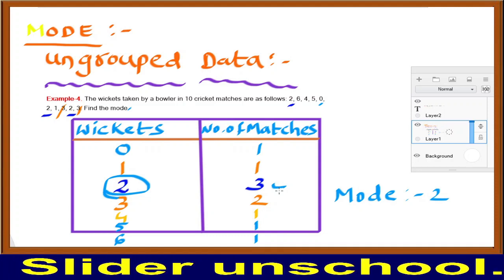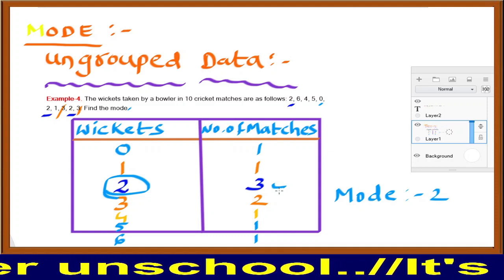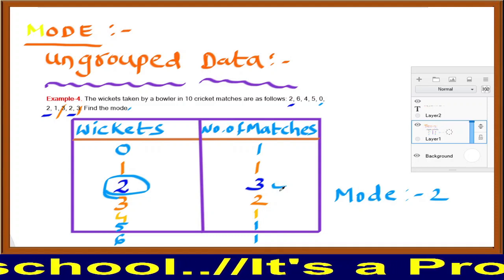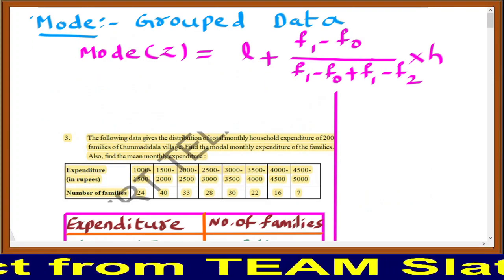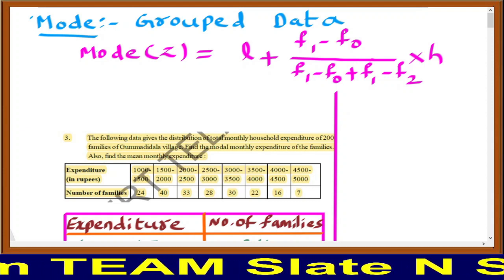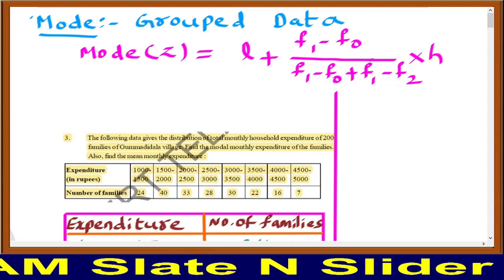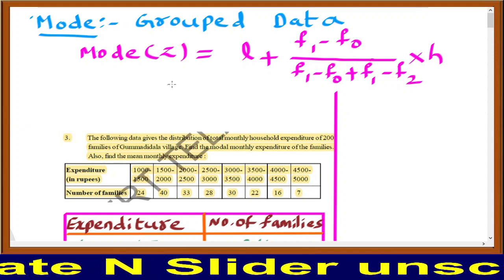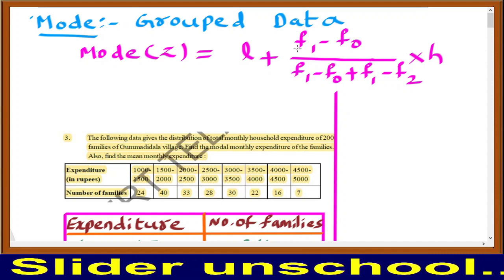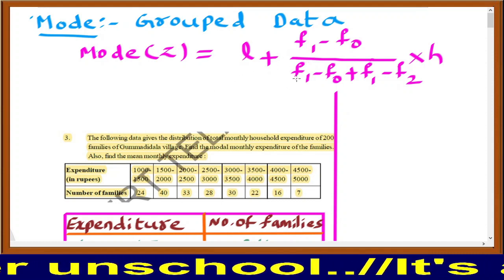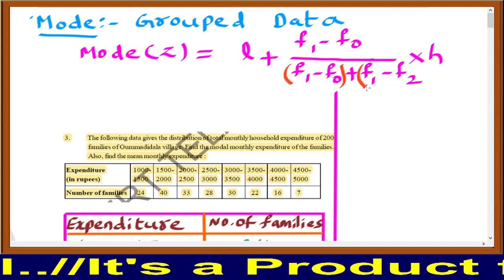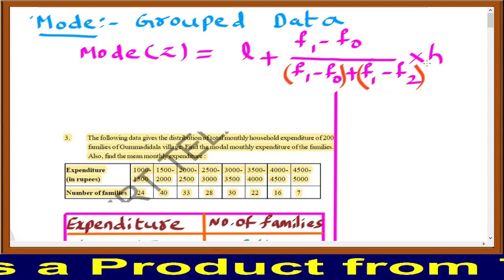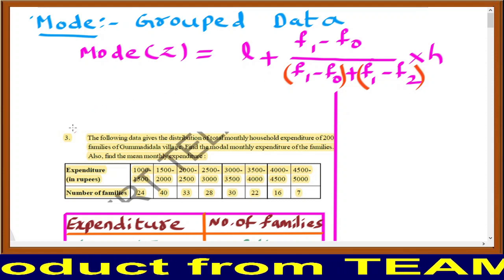Now, we will find the mode for grouped data. Let us find out the mode of grouped data. The formula for finding the mode of grouped data is equal to L plus (F1 minus F0) by (2 F1 minus F0 minus F2) into H. Let us take one example first.